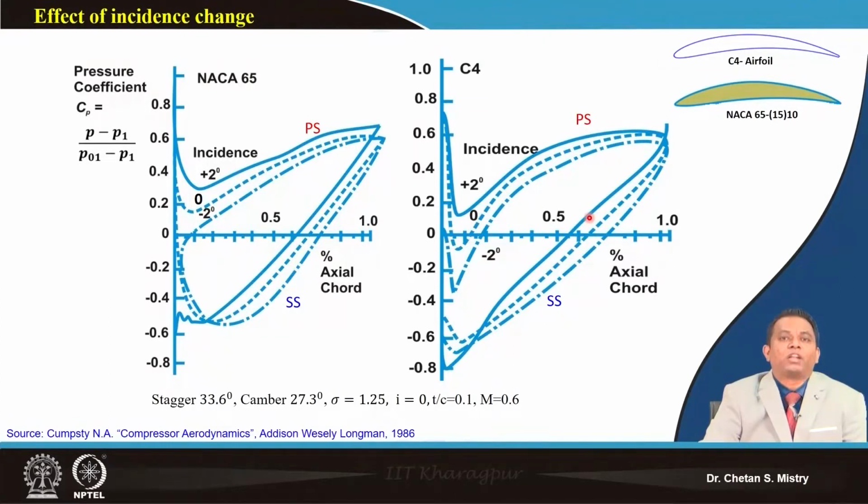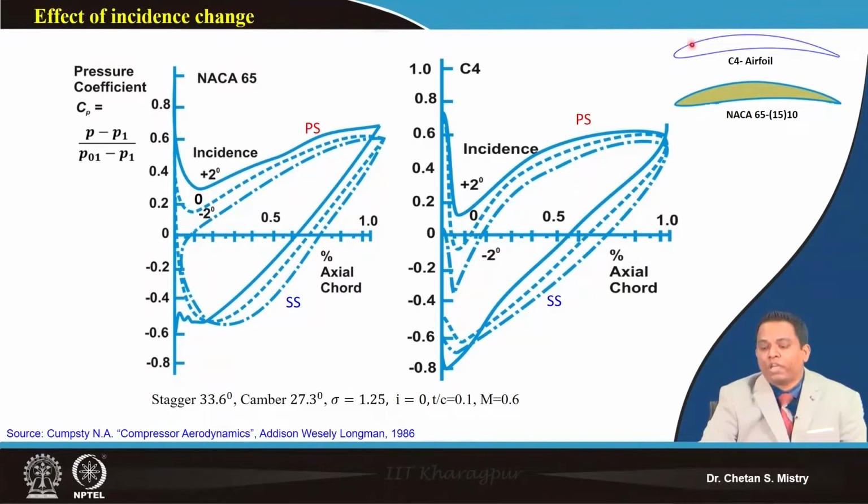It will be comparatively less sensitive to incidence angle, and that is what gives it priority. In most subsonic compressors, people at the initial stage start with the C4 aerofoil or British aerofoil. Many American compressors have the NACA configuration.